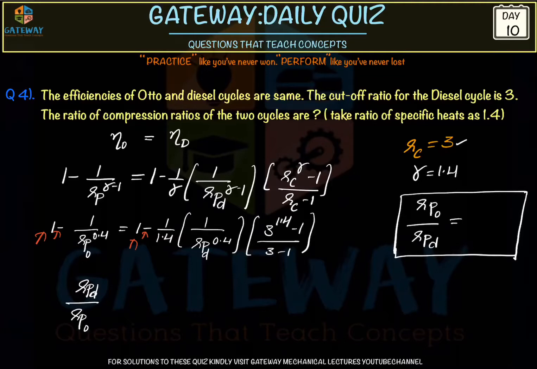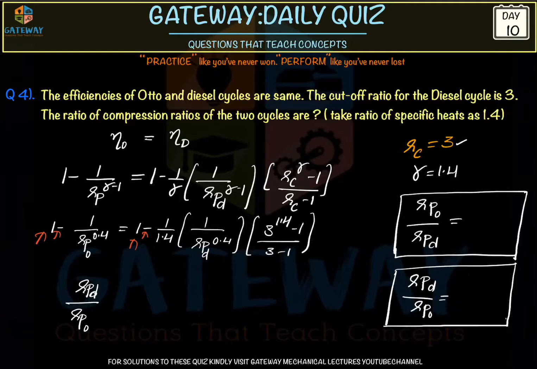When the question is specific to that, we'll do with it. So we'll calculate for both, Rp of diesel to Rp of Otto and also the reverse. Here in the question, maybe while framing this, we forgot to mention whether the ratio is Otto to diesel or diesel to Otto. We'll calculate both; it's just a matter of calculation.